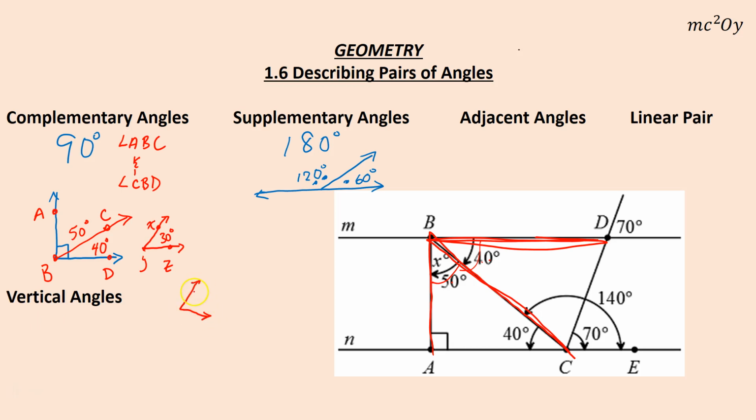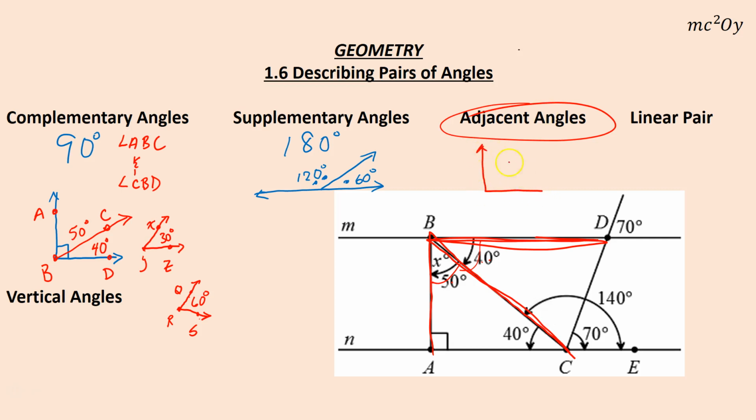So X, Y, Z and Q, R, S are complementary because they both add up to 90. They don't have to be attached. They don't have to be adjacent angles.